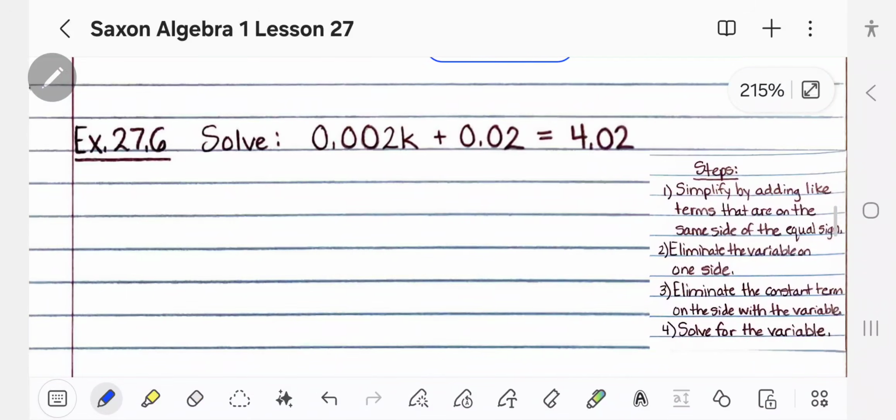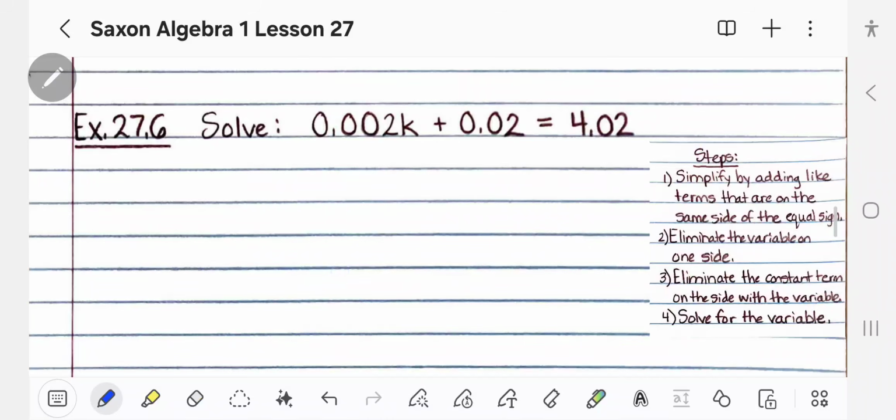All right, example 6, and our last example for this section. We need to get rid of those decimals. So if you want to keep these steps listed in your notebook, or make a little bookmark or an index card or something that you could use to help you, you wouldn't need it long because you'd have it memorized pretty quickly.